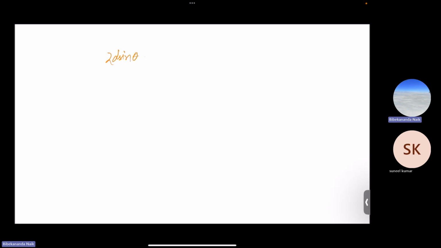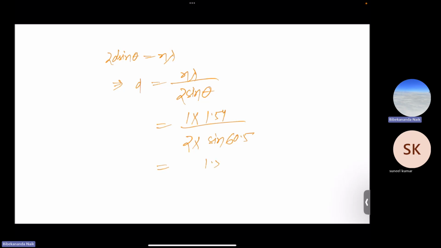2d sin theta equals n lambda. That implies d equals n lambda by 2 sin theta, which is 1 into 1.54 divided by 2 into sin 60.5. If we calculate the value of sin 60.5, it will be 1.54 divided by 2 into 0.87.